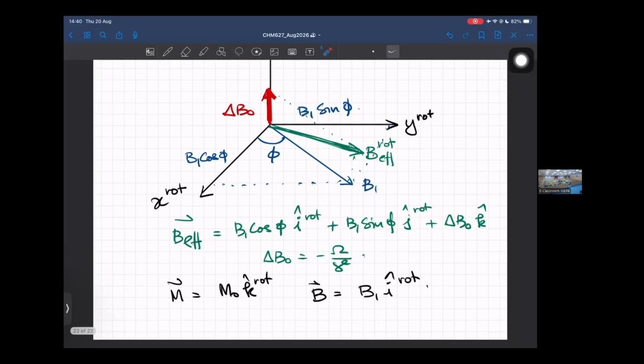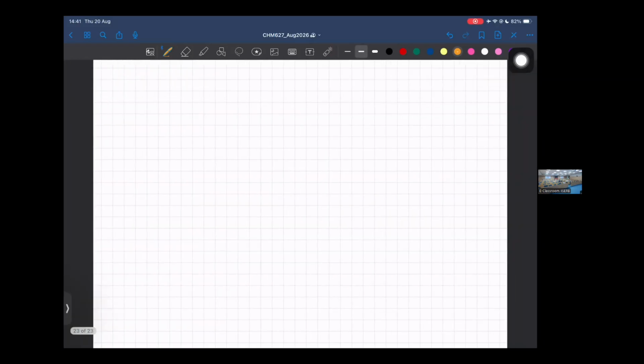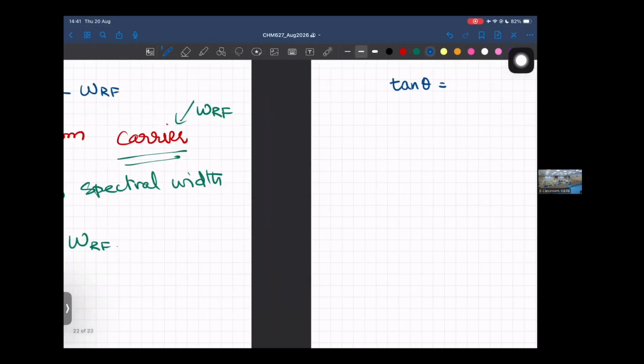Okay. With that being the case, what are the other few parameters that we have to define? So let's define an angle theta of the effective magnetic field with respect to the B naught. This is important to understand because, let me write the expressions and then it'll make more sense. If you see tan theta, what is going to be tan theta?